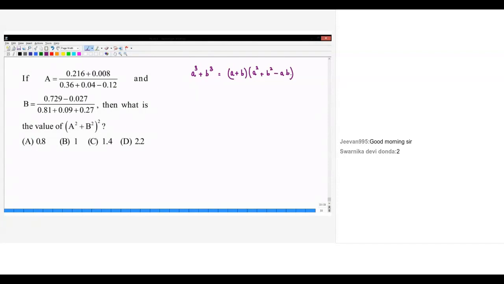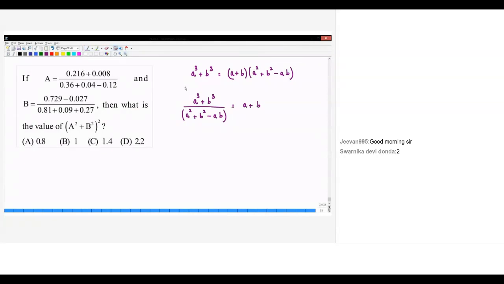The meaning is, I can say a cube plus b cube divided by a square plus b square minus ab will be equal to what? A plus b.